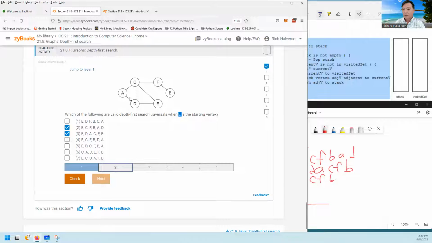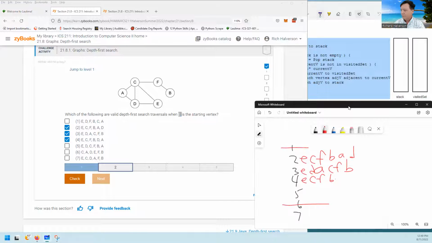So D is fine. But then after D, we have to visit A. So E, C, F, B, D, A. This is valid. What's 5?